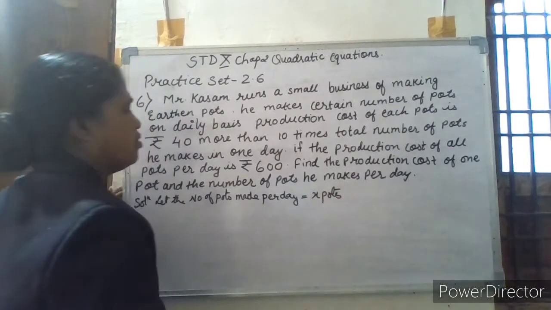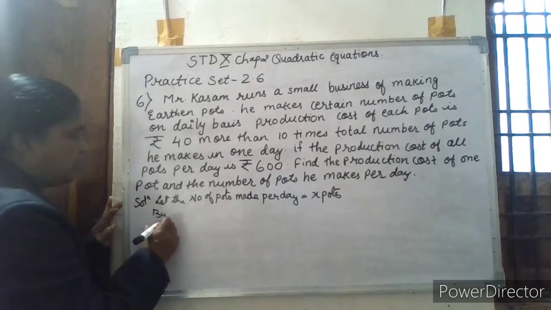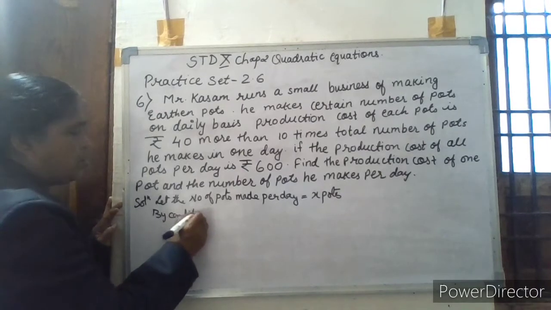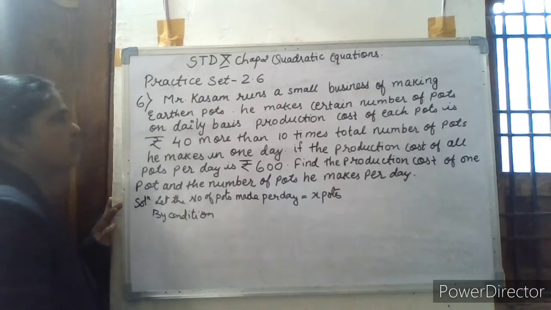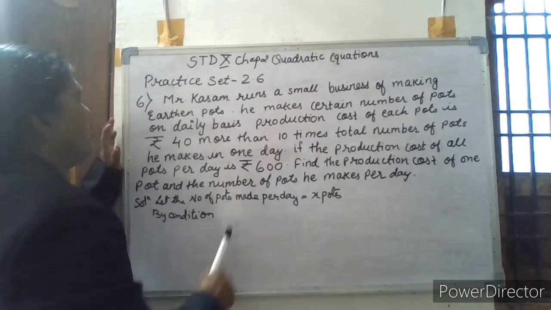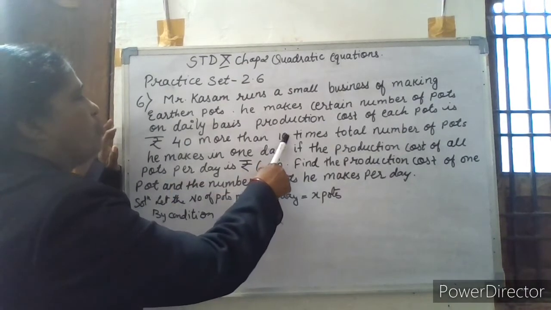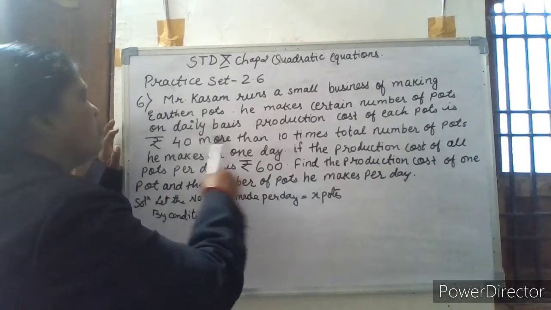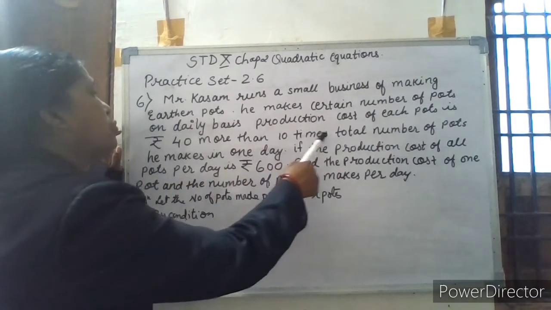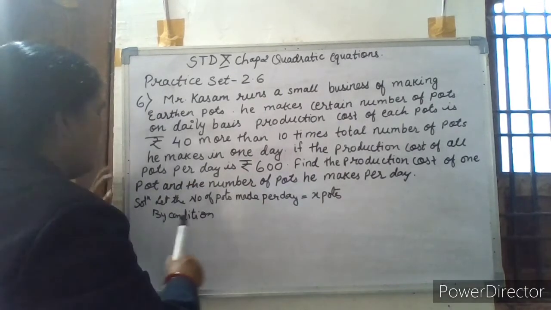Now, by condition, production cost is given 600. Now, it is given production cost of one pot is 40 more than 10 times the total number of pots he makes in one day. He makes in one day x pots.